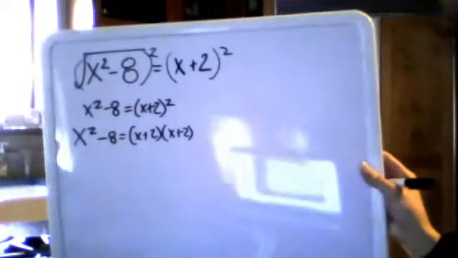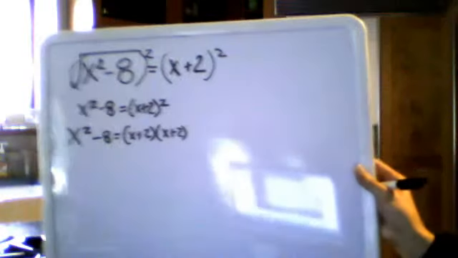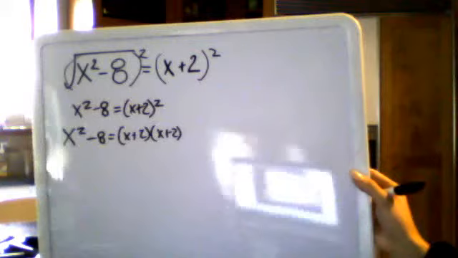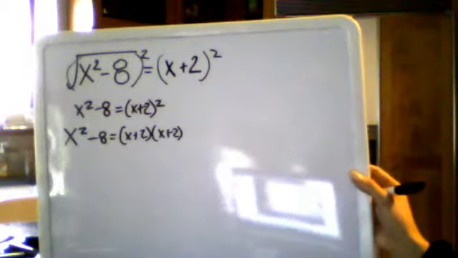Now go ahead and distribute those in the parentheses, because now we have it in factor form. And add like terms together, and it should give you a trinomial.